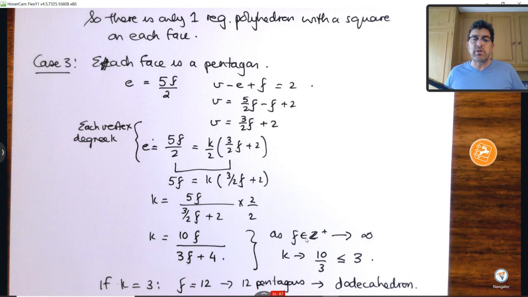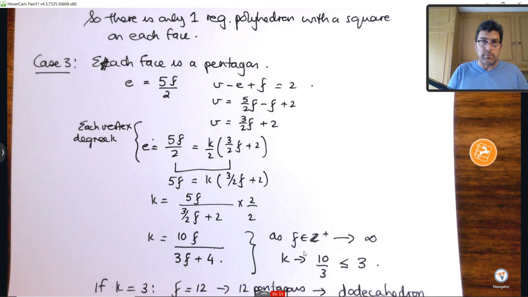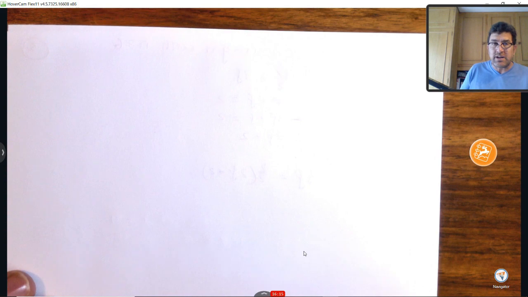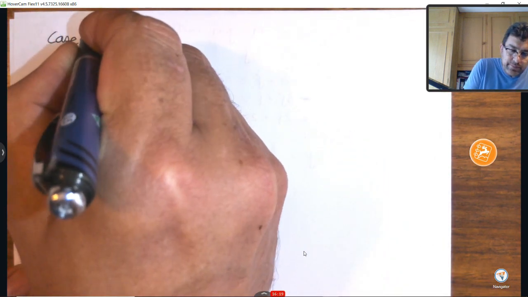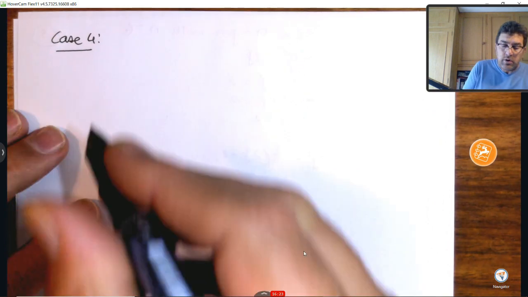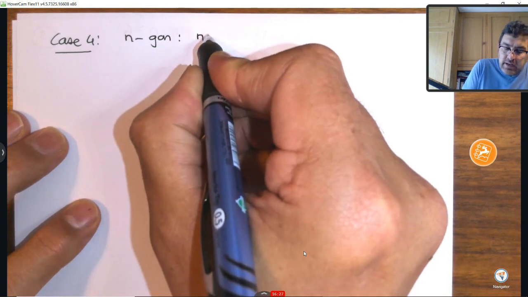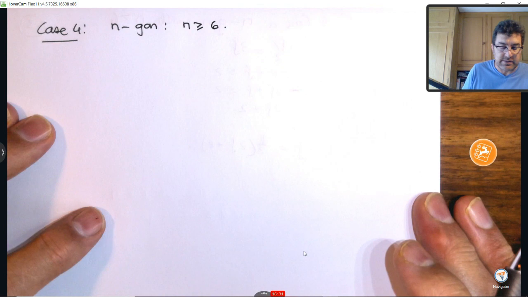Okay, so now we need to move to case number 4. For case number 4, we're going to prove the following. For case 4, we're going to work with an n-gon, where the number n is bigger or equal to 6.